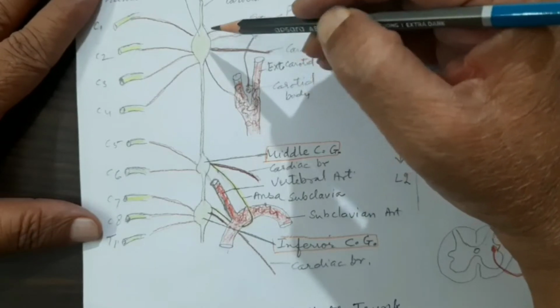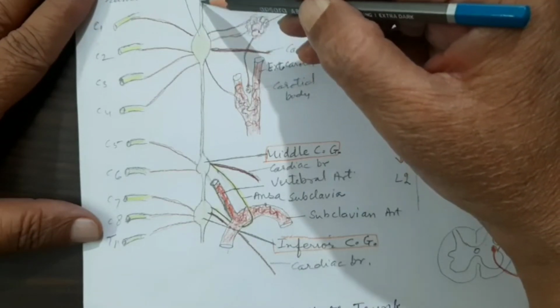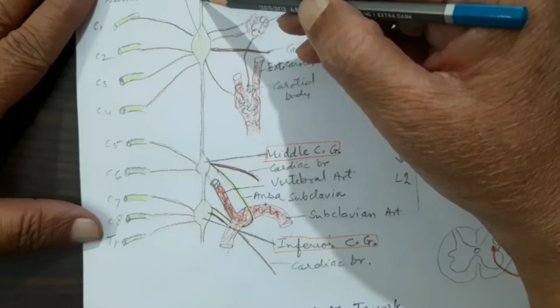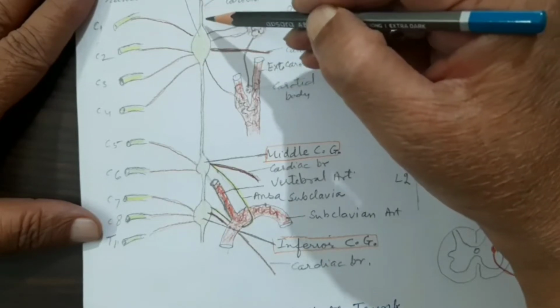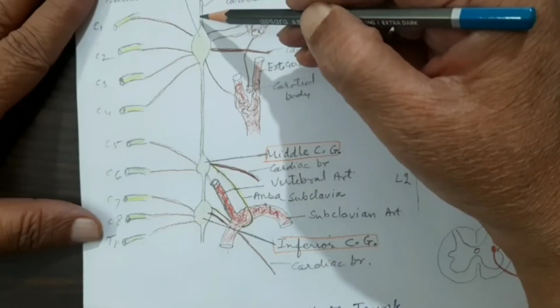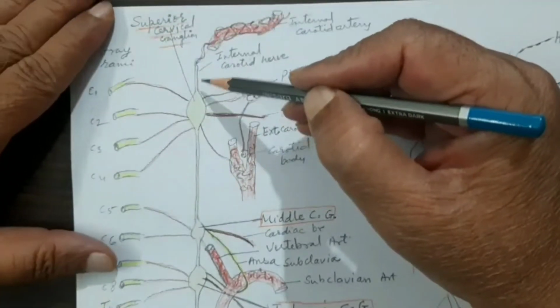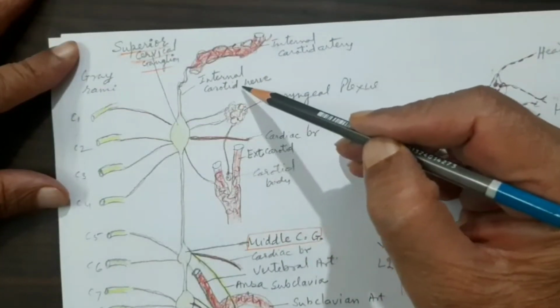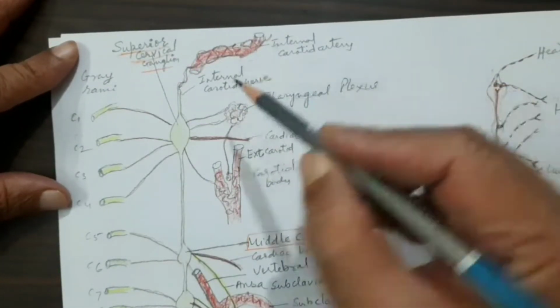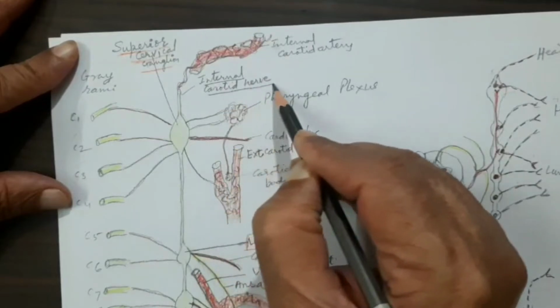Now from the upper end of this ganglion there emerges a thick nerve, and this nerve is called the internal carotid nerve. Let us see here. Yes, this nerve here is called the internal carotid nerve. I have written here internal carotid nerve.